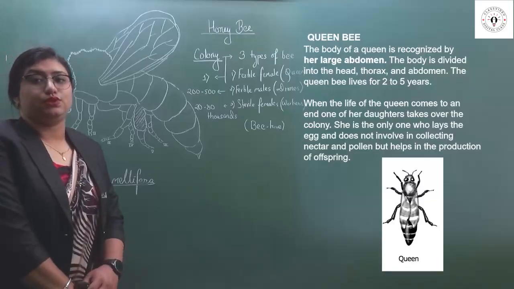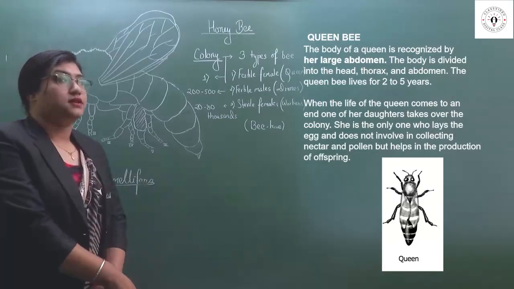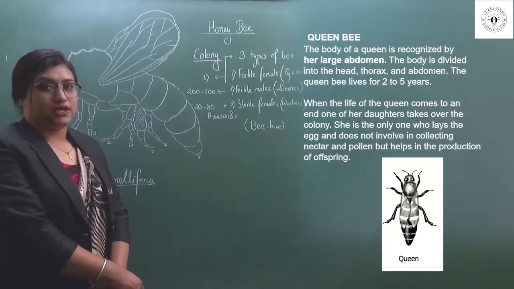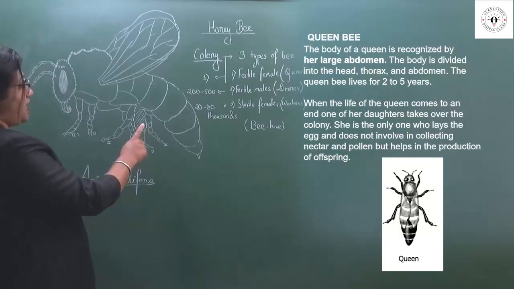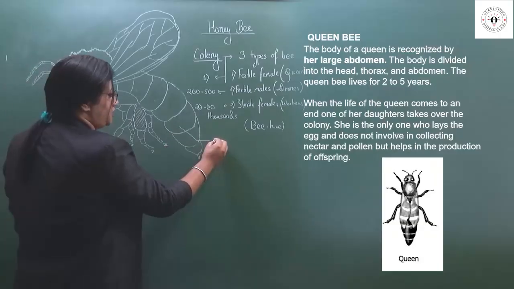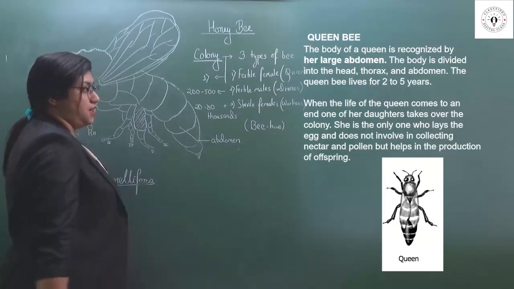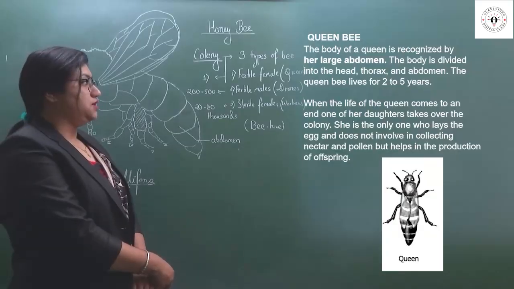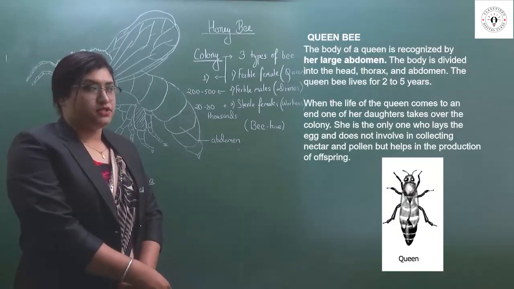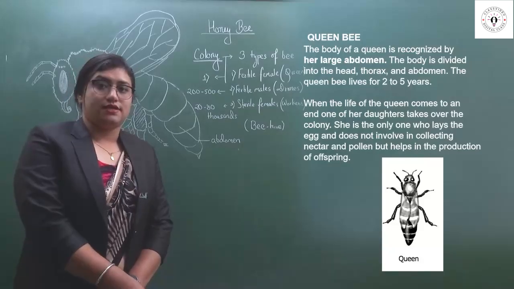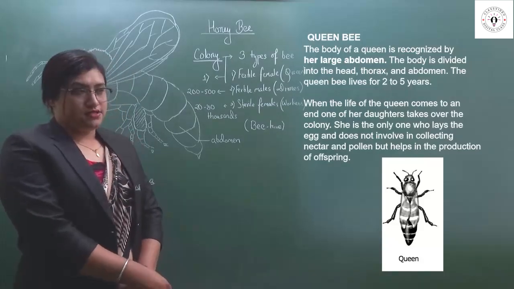Now let's go through the queen bee. You can have a look at the screen too. Here, the queen bee is recognized by the size of her abdomen. This section is the abdomen, and other than the queen bee, there are several other honeybees, which are drones and workers. All of them are recognized by their shape and size.